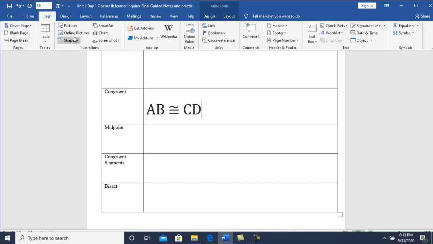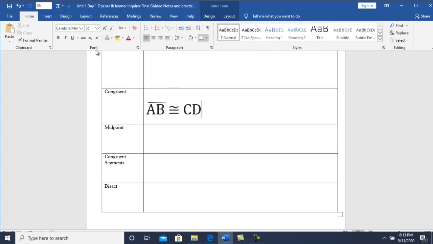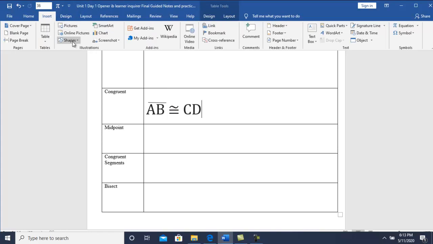So if I were to draw that, here's AB. And then draw a second shape.